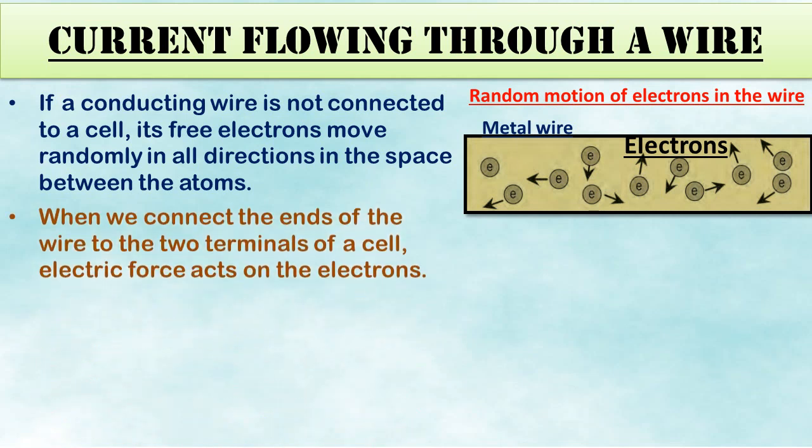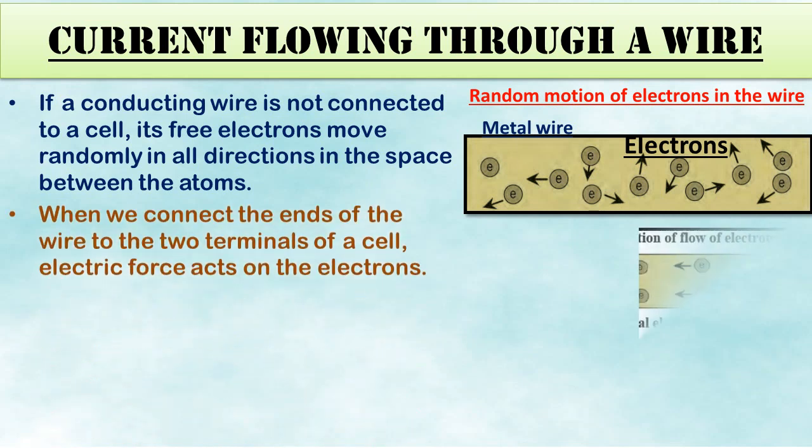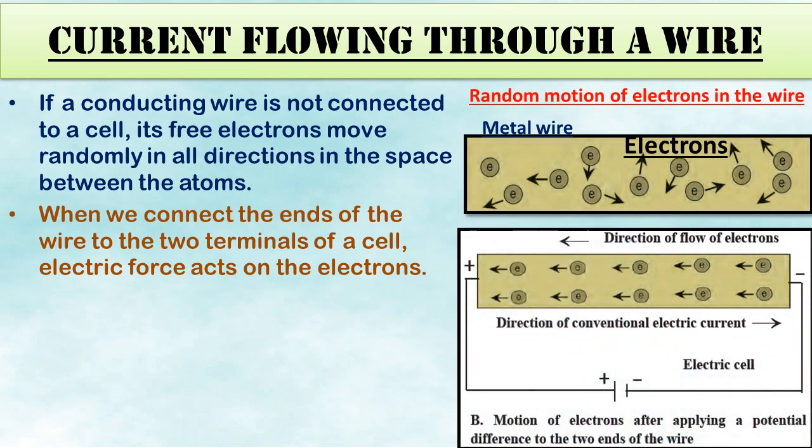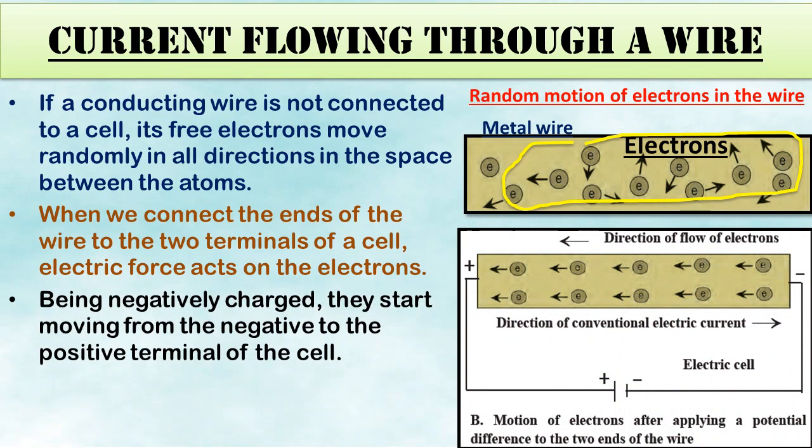And when we connect the ends of the wire to the two terminals of a cell, what happens? Electric force acts on the electrons, and being negatively charged, they start moving from the negative to the positive terminal of the cell.